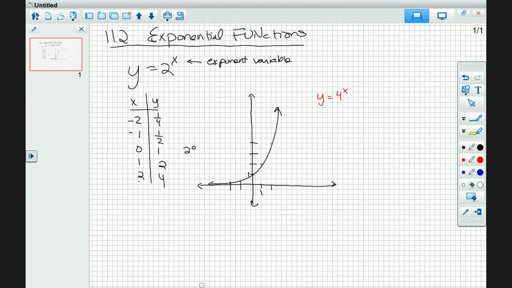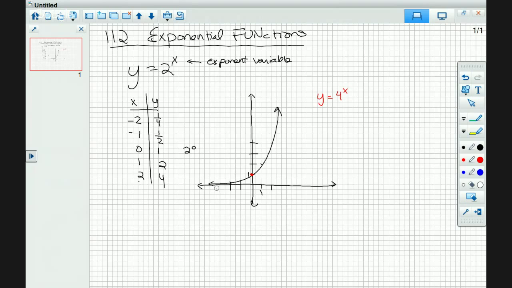What's 4 squared? 16, right? You see how much faster these accelerate if the number is bigger. The nice thing is, what's 4 to the 0 power? It's 1. They still cross at the same y-intercept. They just boom. Fast.